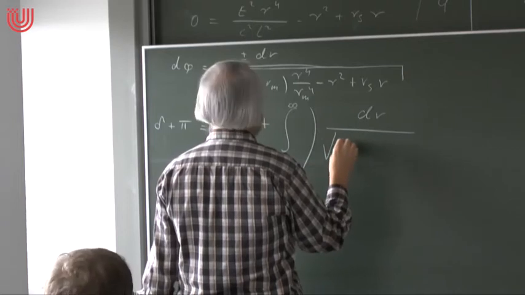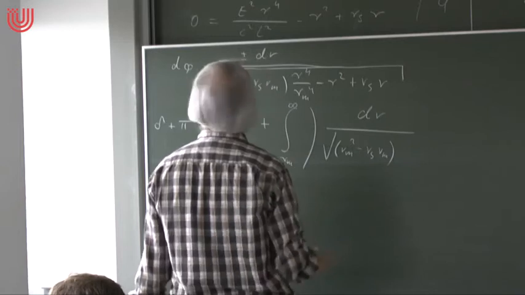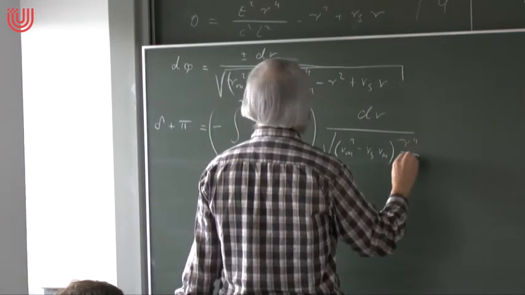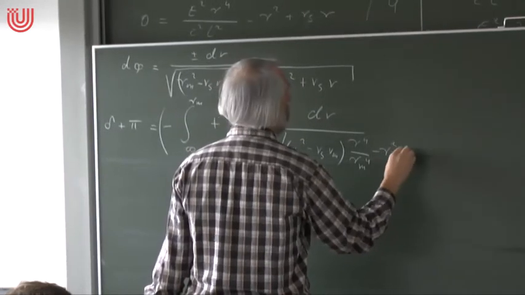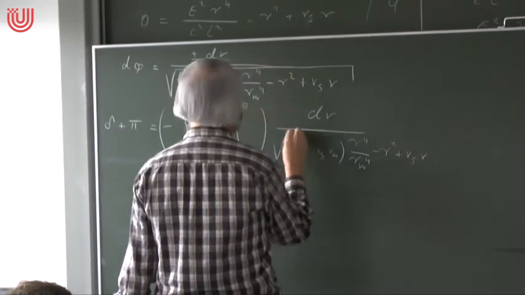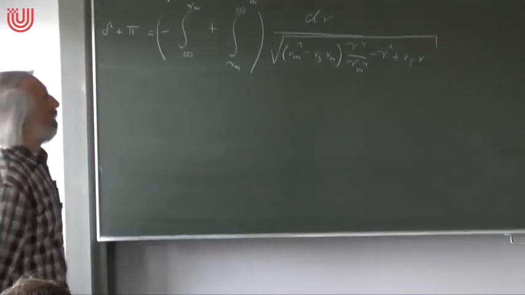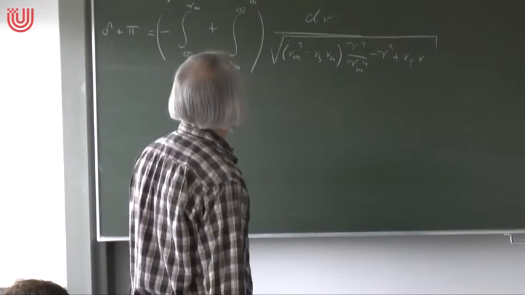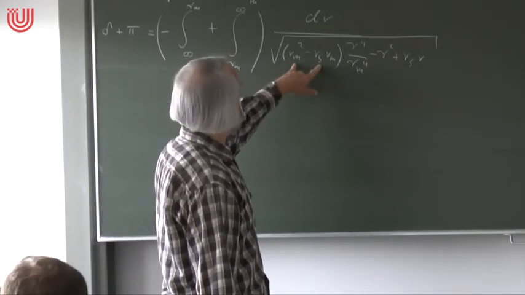Root Rm squared minus Rs Rm r to the 4 over Rm to the 4 minus r squared plus Rs r. Oh, I think one can simplify this a little bit, right? We can take an Rm minus Rs out of the bracket.